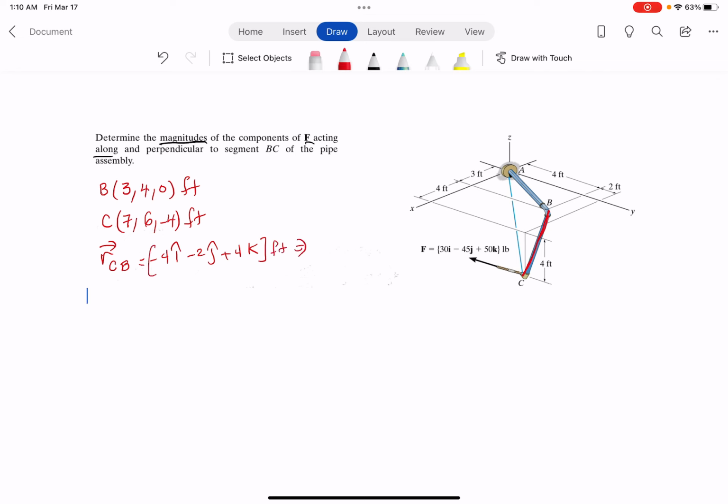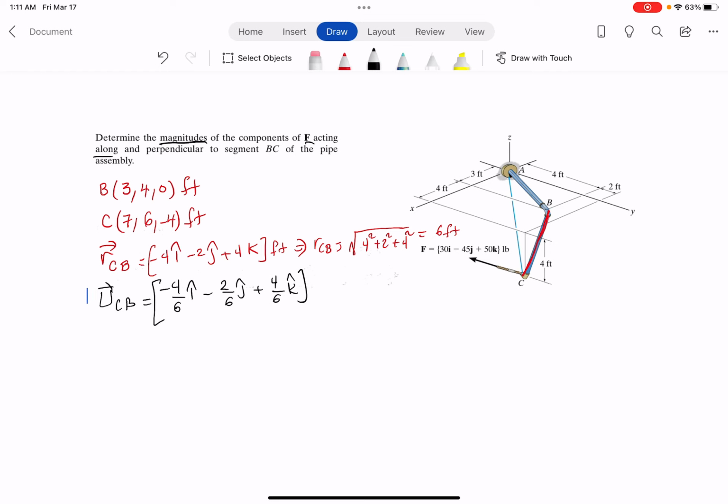The magnitude of that position vector is the square root of 4 squared plus 2 squared plus 4 squared: 16 and 16 is 32, and 4 is 36, so it is 6 feet. So the unit vector is -4 over 6 i, minus 2 over 6 j, plus 4 over 6 k. That is unitless.